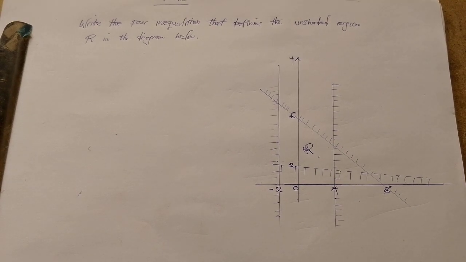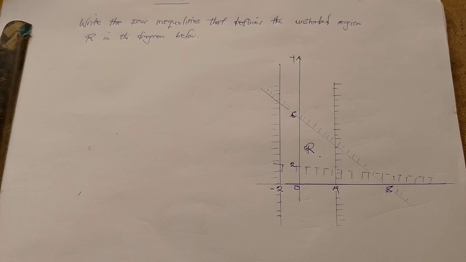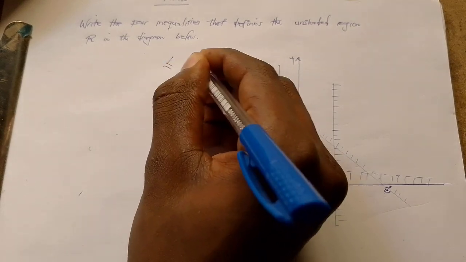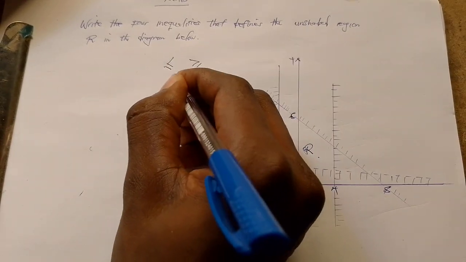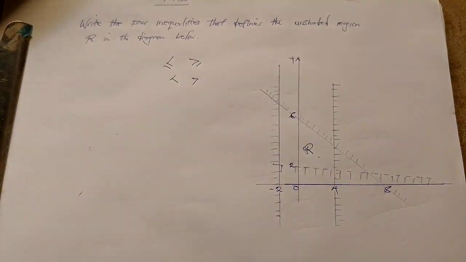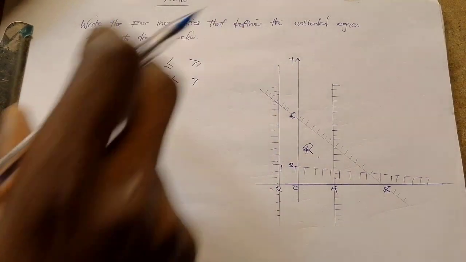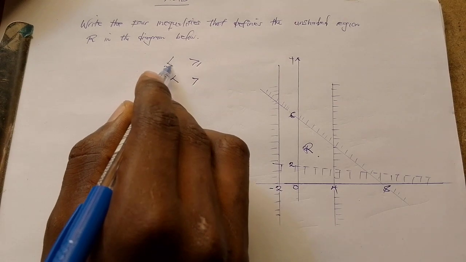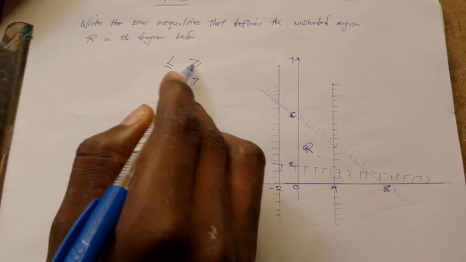For us to do this question, we need to have basic knowledge of the symbols which are used under linear programming. These symbols should be familiar to us for us to understand how to come up with the inequalities. We have less than or equal to, greater than or equal to.